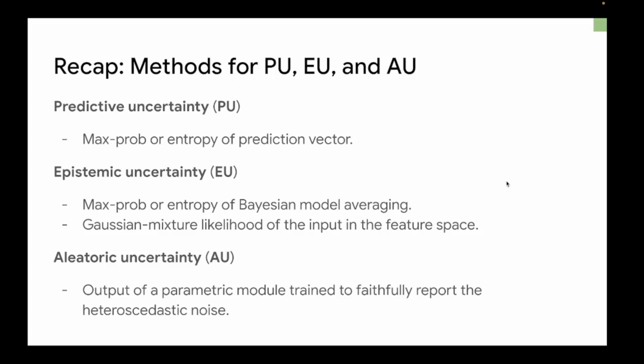For predictive uncertainty, we looked into, for example, max probability or entropy of the prediction vector for a classification problem. For epistemic uncertainty, we said maybe you can do Bayesian model averaging and then also do max probability or entropy of that Bayesian model averaging. And that tells you how far away you are from the in-distribution samples.